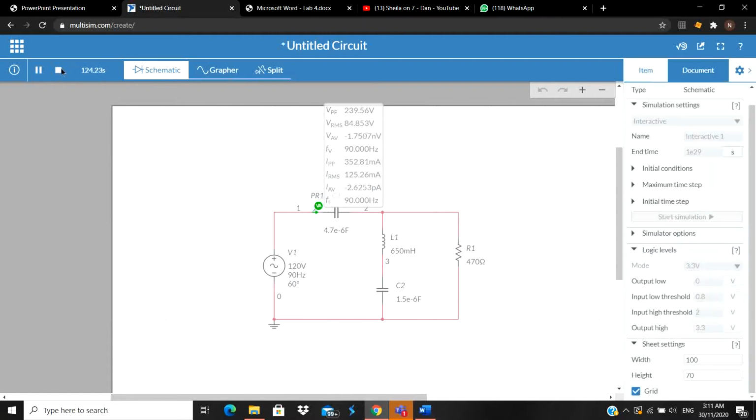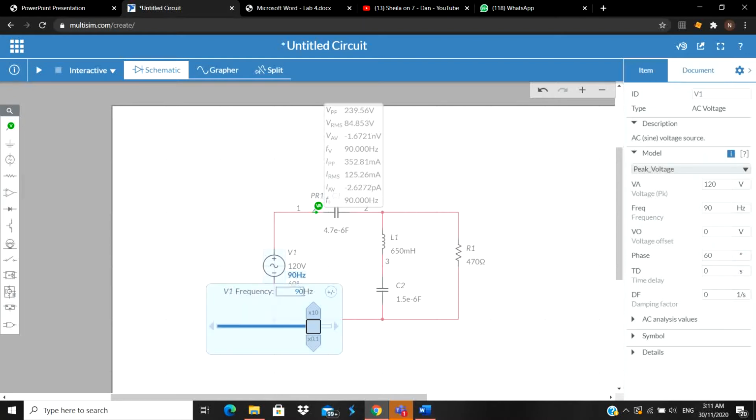So next task is to set the frequency to the given frequency, which is 20, 100, 500, 1000, 10,000 and 50,000. So I will show the first one, which is 20 Hertz.